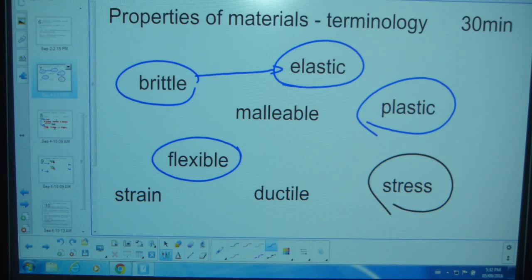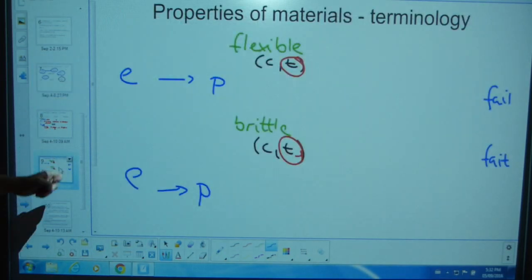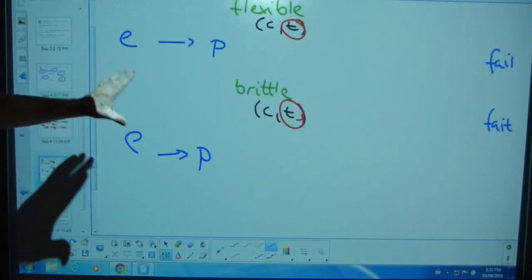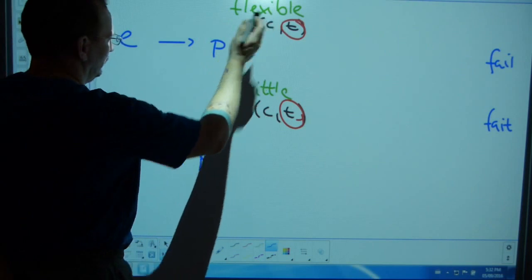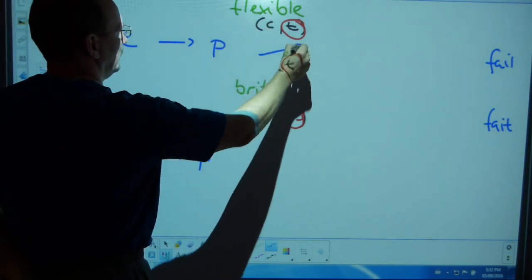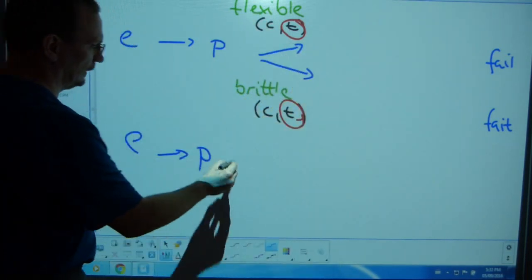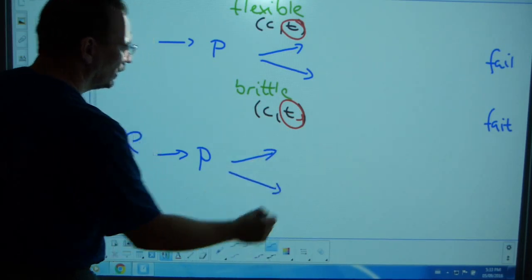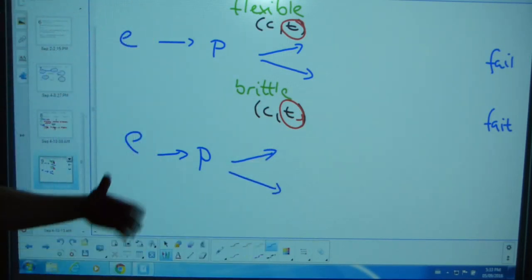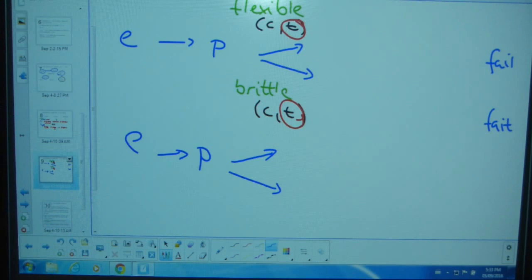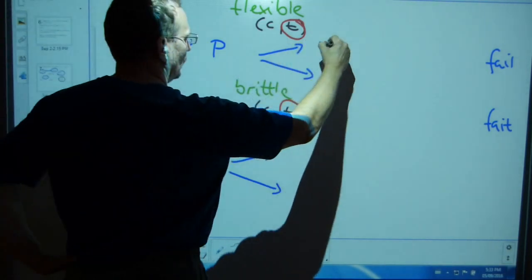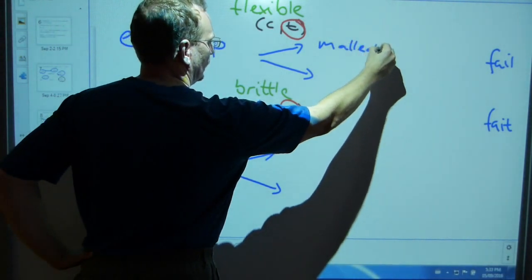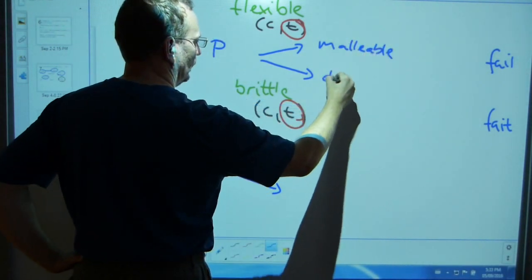Next one, malleable and ductile. From a permanent plastic deformation, depending on whether compression or tension is applied to the material, the permanent plastic deformation can be described with these two words: malleable or ductile.